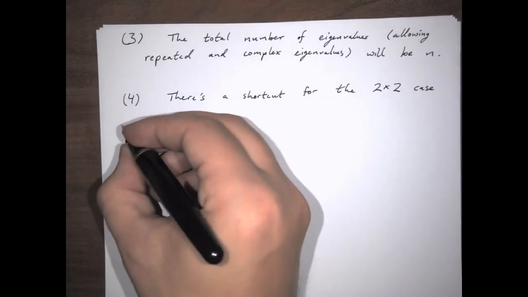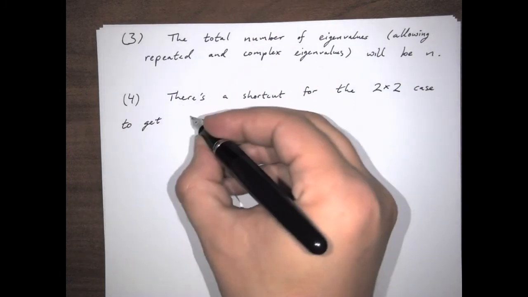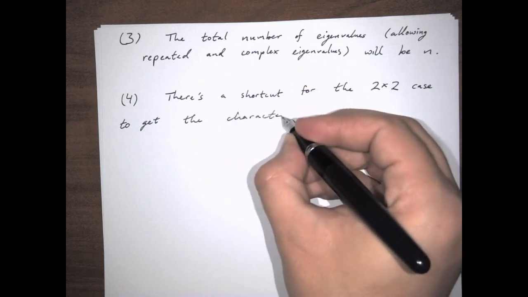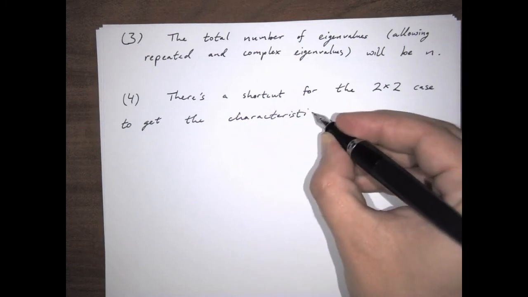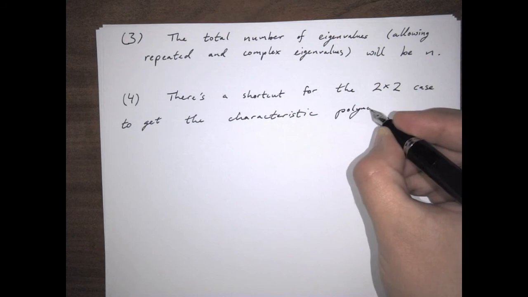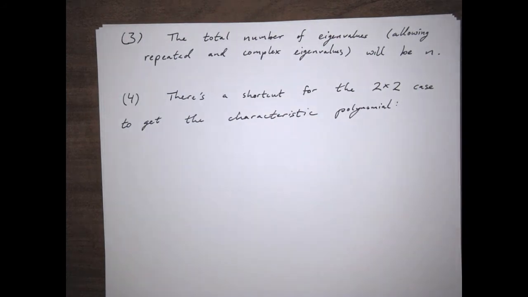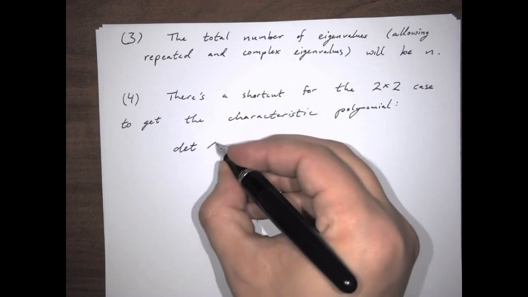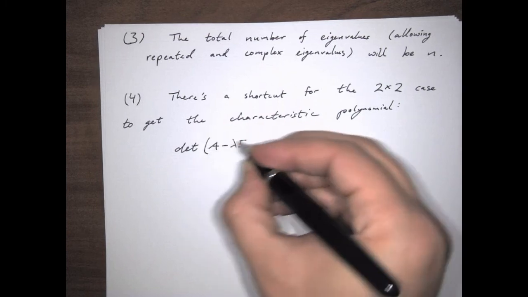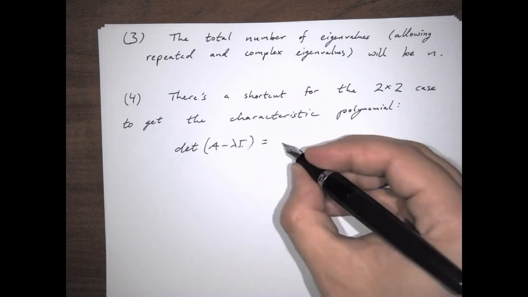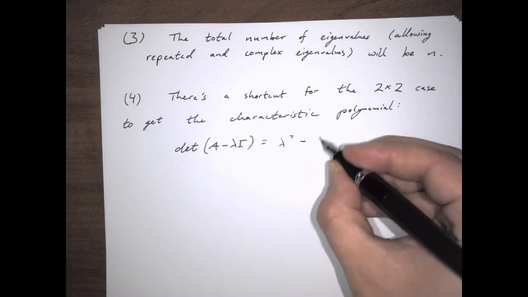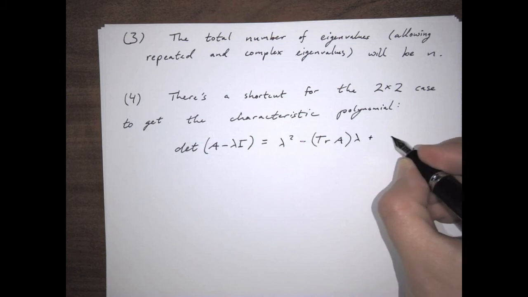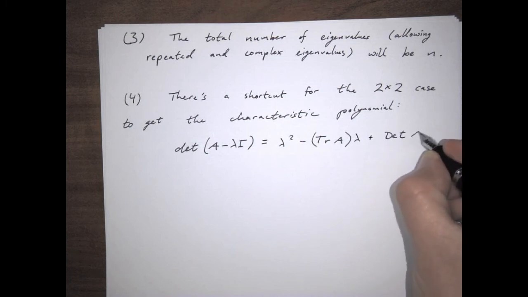For the 2x2 case, the characteristic polynomial, which is the determinant of A minus lambda I, always equals lambda squared minus trace A times lambda plus the determinant of A.